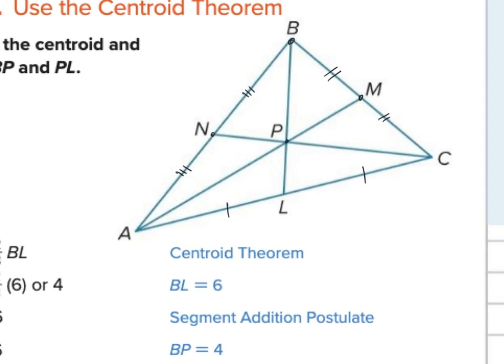So the entire length here, this is 2/3 of AM, sorry, 2/3 of the entire length, and this would be 1/3 of the entire length of AM, because the centroid occurs at the 2/3 point.